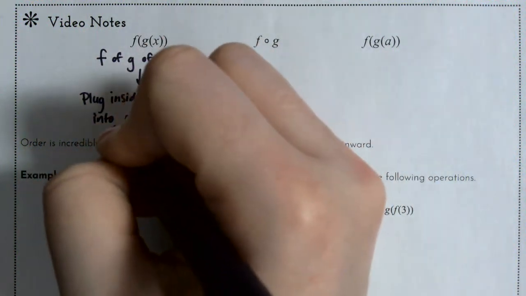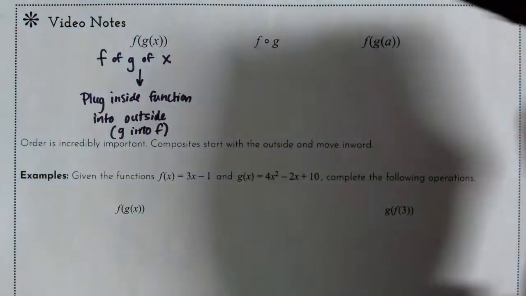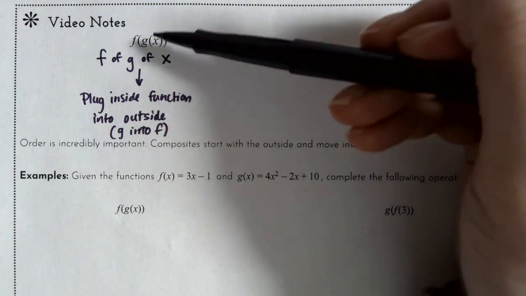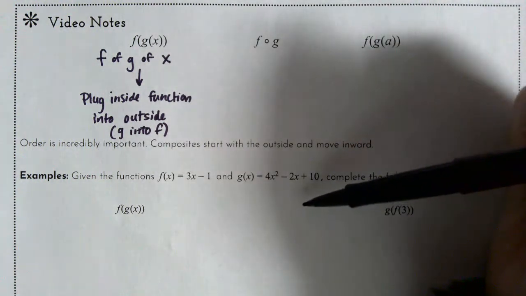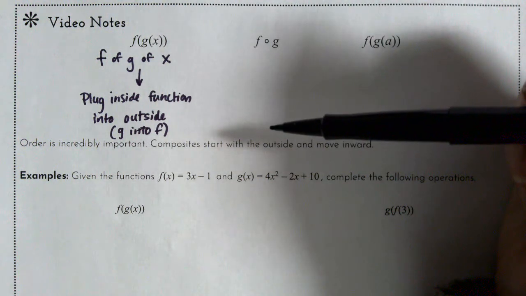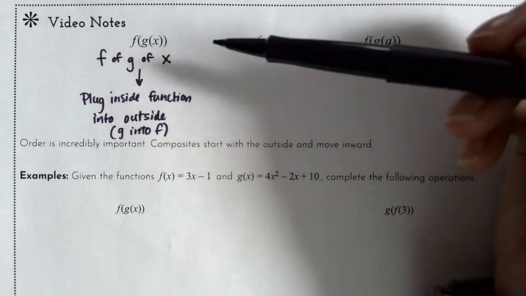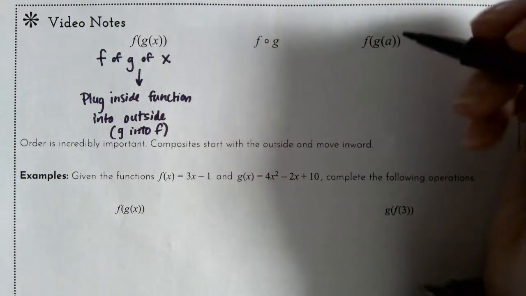So in this case, it would be g into f. G is on the inside, so I would take g and plug it into f. The x doesn't matter because that's just telling us what variable we're using. If it was g of f of x, you would take f and plug it into g. So whatever's on the inside, you plug it into the outside.